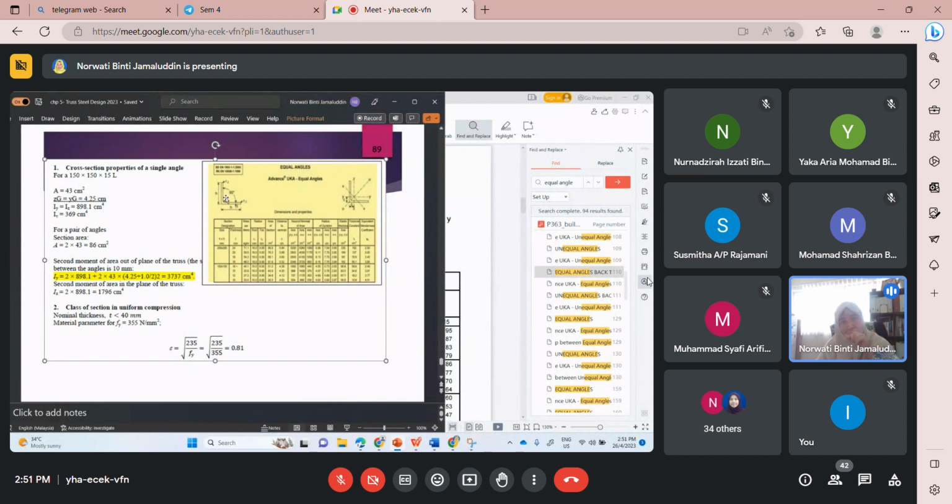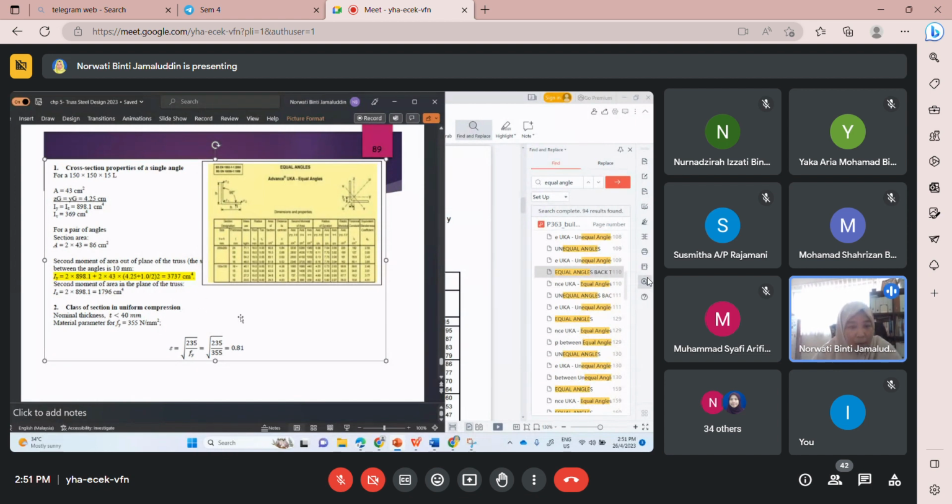Remember, the centroid is the summation of AY divided by the summation of A, and then you need to use the parallel axis theorem to calculate the second moment of area, where I is equal to BH to the power of 3 divided by 12 plus AD to the power of 2. Okay?